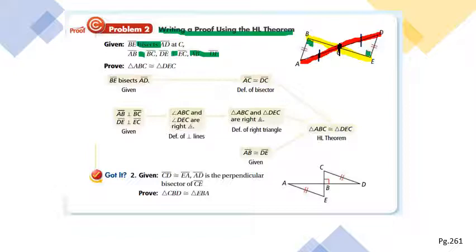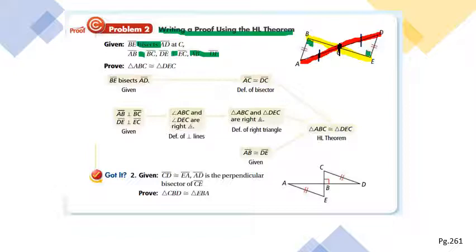We have now one pair of right angles and one pair of congruent legs and one pair of congruent hypotenuse. So we have the three conditions. Then the two triangles are congruent by HL theorem. Got it?